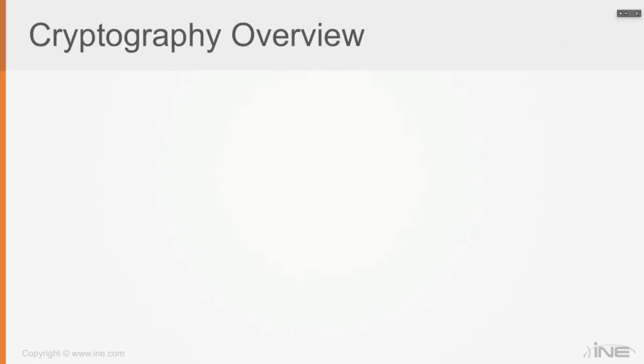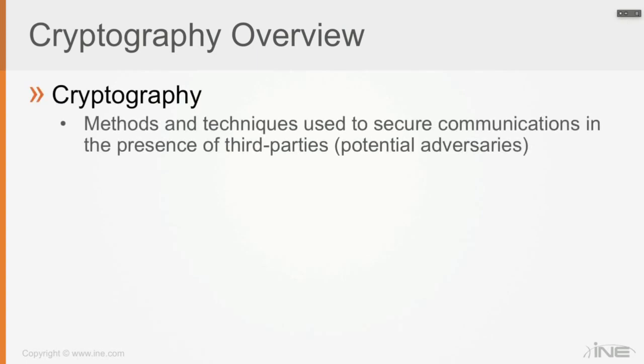So to begin with, let's speak about cryptography, the overview. What is cryptography? It is methods and techniques used to secure communications in the presence of third parties, which means potential adversaries. Cryptography is used to secure IP data, both in transit and at rest, which means as traffic travels.